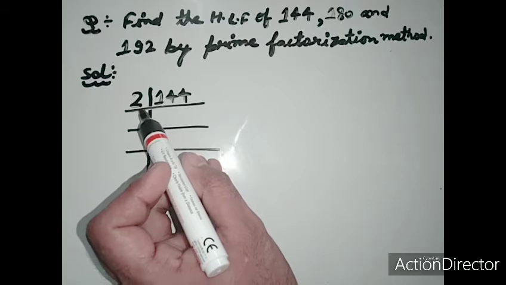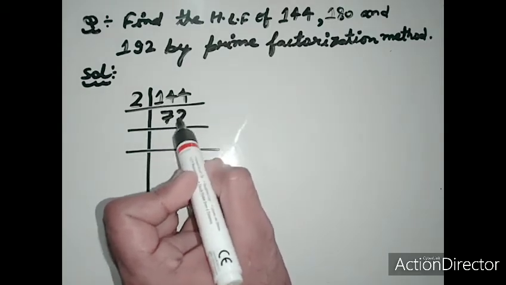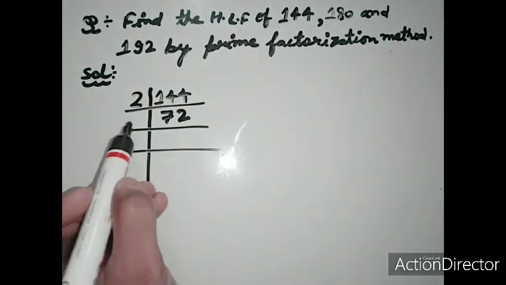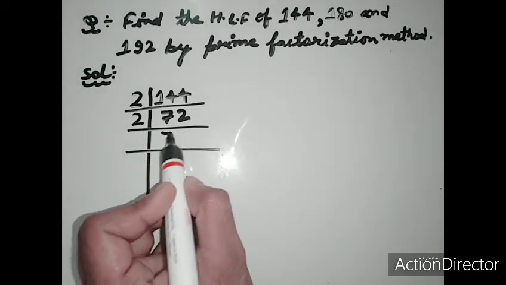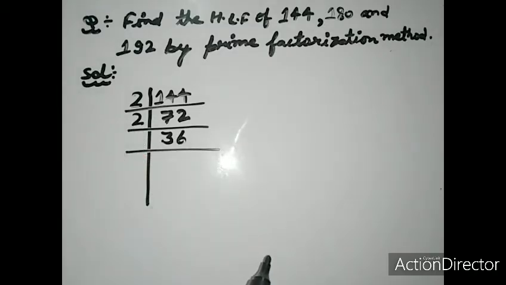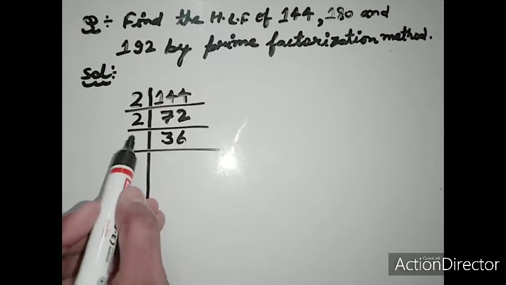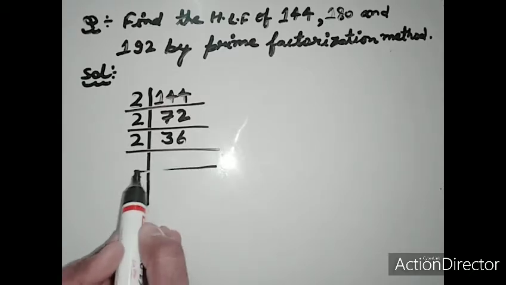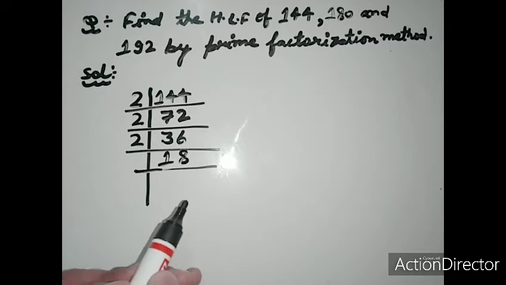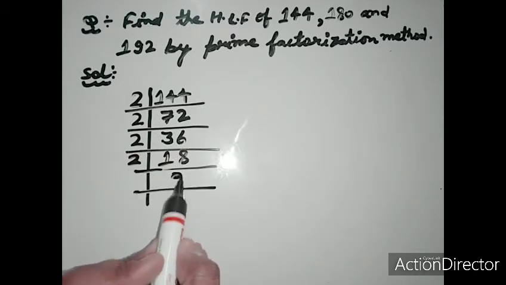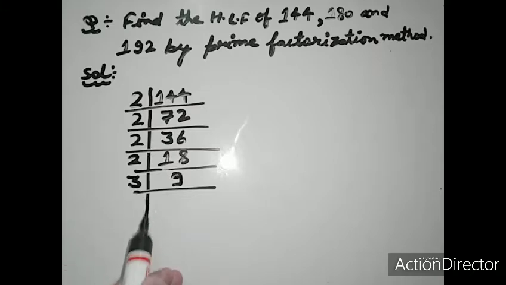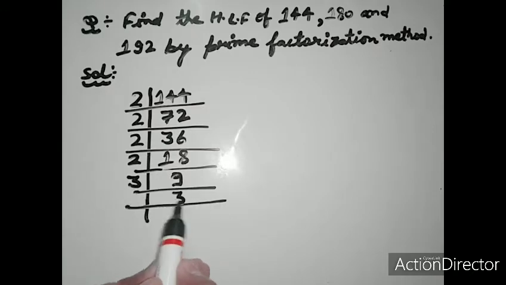So 2 7s are 14 and 2 2s are 4. Now again by 2, 2 3s are 6 and 2 6s are 12. Now again 2 1s are 2 and 2 8s are 16. Then again by 2, 2 9s are 18. Then 3 3s are 9. Then 3 1s are 3.